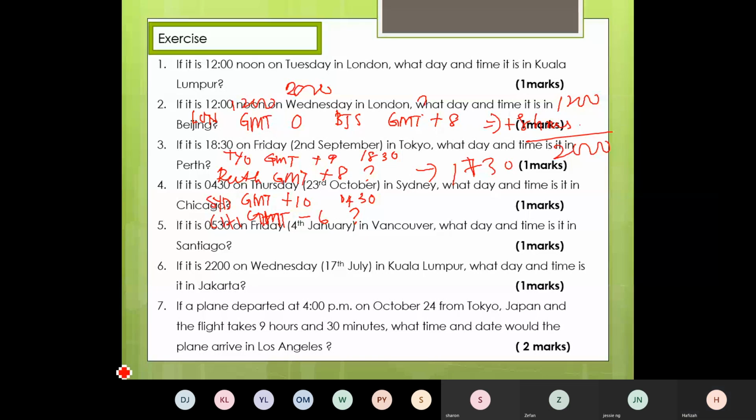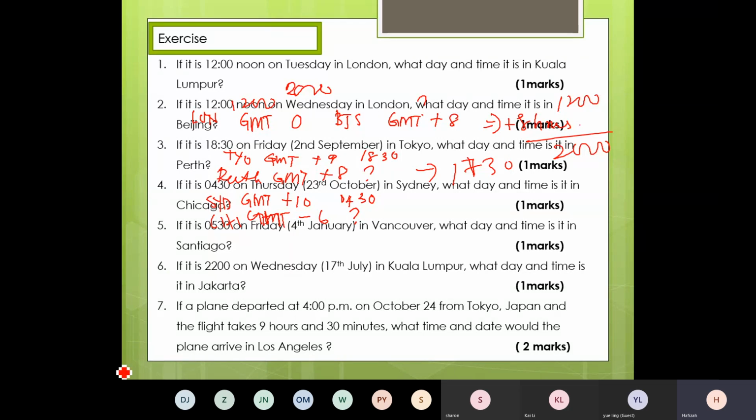Sharon, did you get it? Kylie? Others got it? All got it? So you know how to get the 12:30, 22nd October. Devian, did you get the answer? Yeah, Miss.